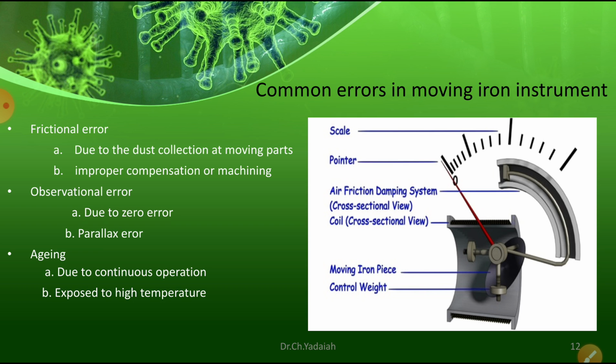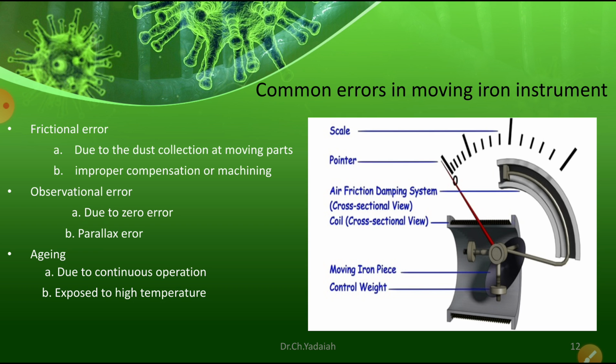Due to continuous operation of this moving iron instrument, the spring tension and stress may change, and exposure to high temperature also changes the tension in the spring, and it leads to wrong readings while doing the experiments.